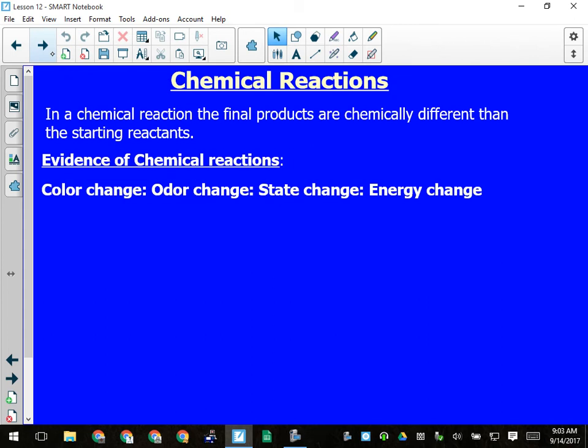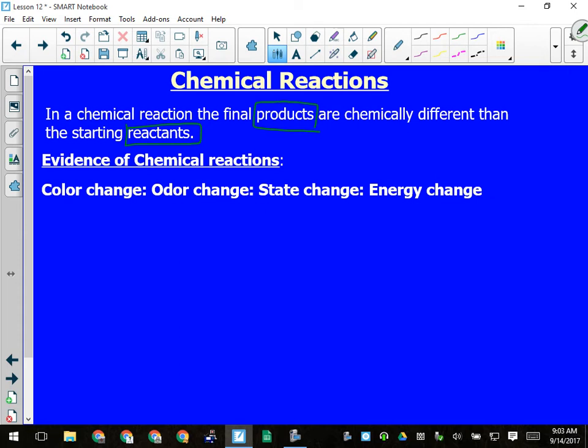So in a chemical reaction, big thing, the final products are chemically different from the starting reactants. Here are 2 terms we need to know: products and reactants. A reaction starts with reactants. They're going to react. Products are what is produced as a result of the reaction, which sometimes we actually try and make things make sense. Here's one of those times. But the big thing to remember is they are going to be chemically different than what we started with. That doesn't mean we're changing the atoms.